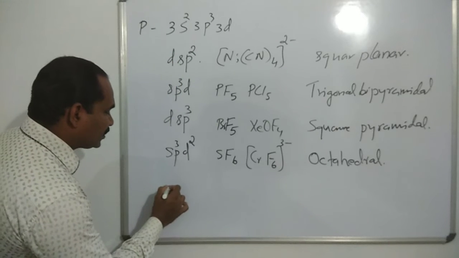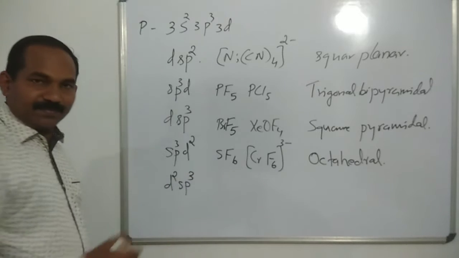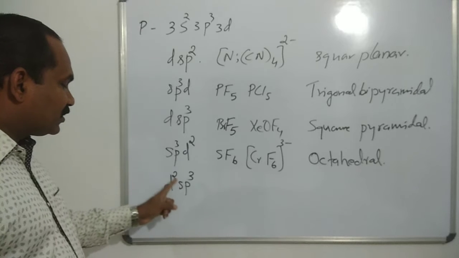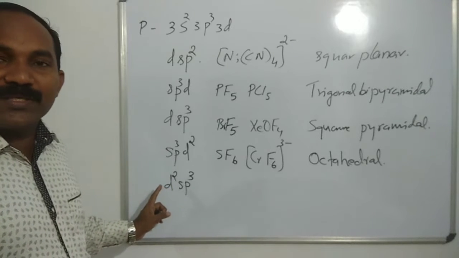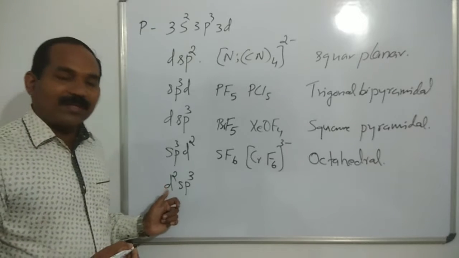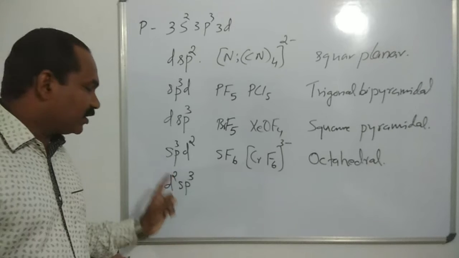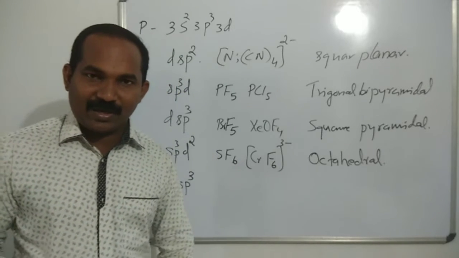Another hybridization is d2sp3. In this case, inner d orbitals participate in the hybridization. Remember that d2sp3 means inner d orbitals participate in the hybridization. Are you clear?